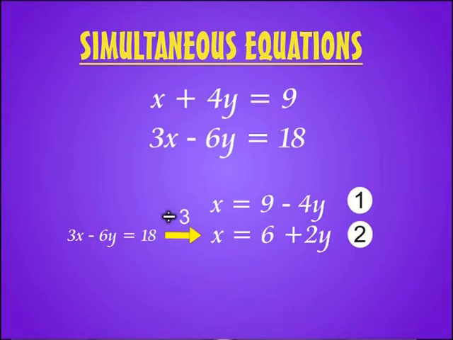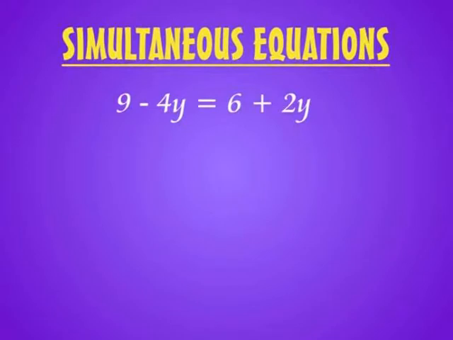That means that from equation 1, x is equal to 9 minus 4y, and equation 2, x is equal to 6 plus 2y. I've isolated x in both of them, and x is the same. x represents the same variable. That means that 9 minus 4y is equal to 6 plus 2y, because they are both equal to x.